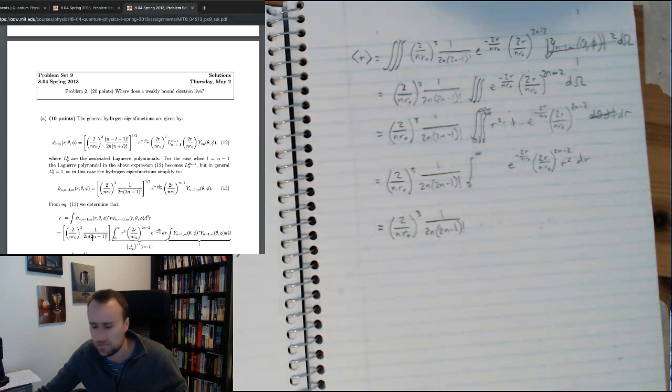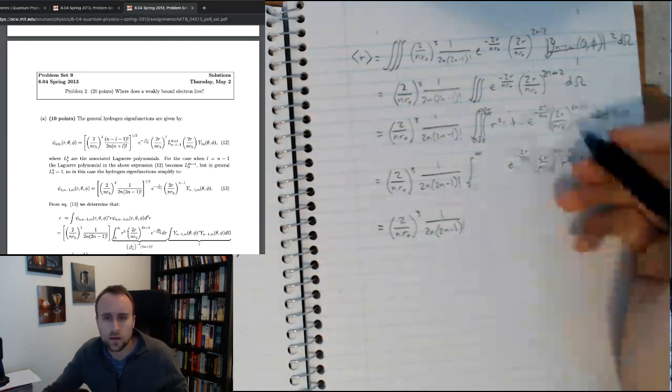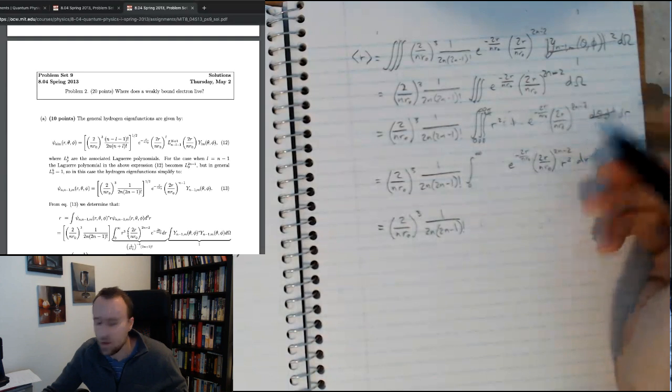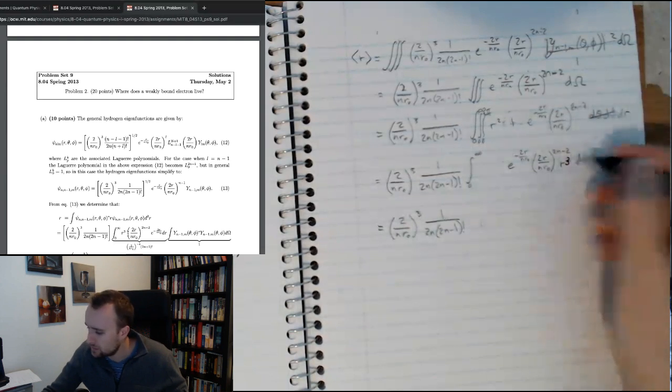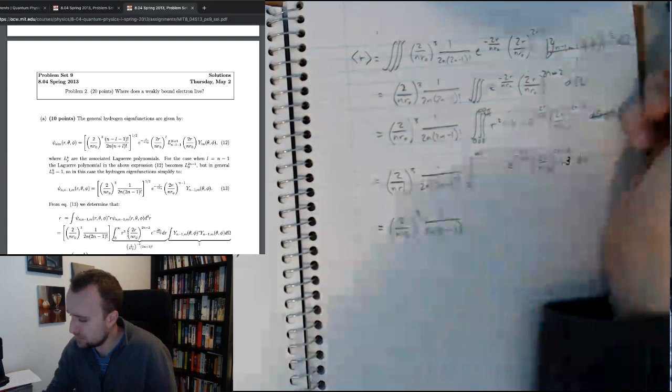Okay, did that. 0 to infinity r cubed. We lost an r. Oh, right, because we added the r in.